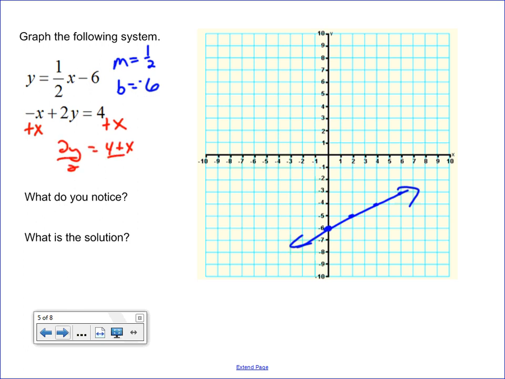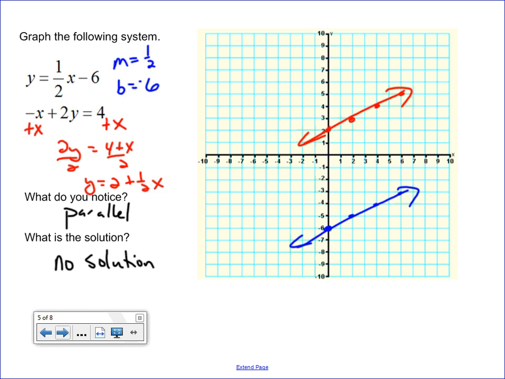And if you divide by 2, you get y is equal to 2 plus 1/2 x. So I start at 2, I go up 1 over 2. And what we should notice is that those two lines are parallel. If the lines are parallel, we say that there is no solution because the lines never intersect.